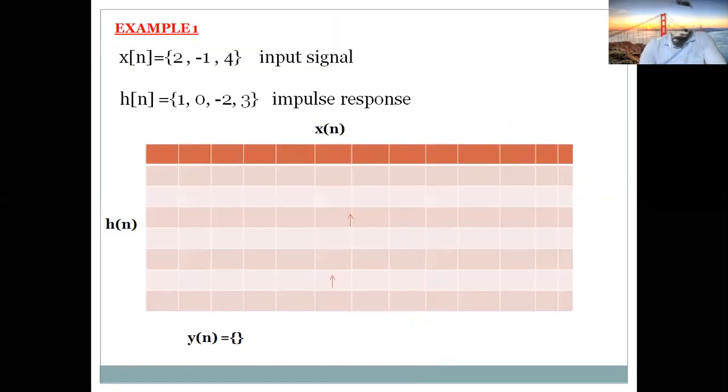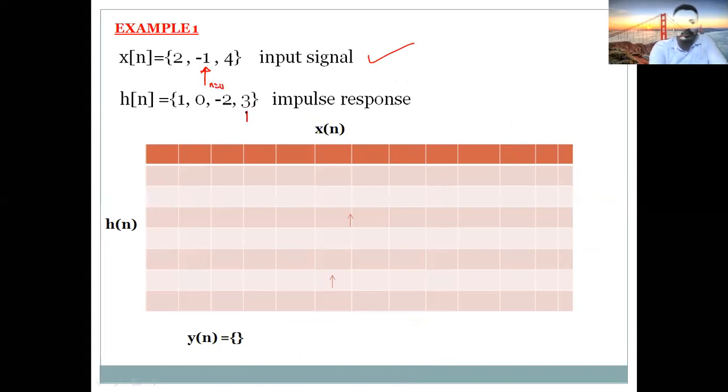So we are discussing the convolution sum method, which is used to calculate or determine the response of a system given. As you can see here, the input signal is given. Here the arrow indicates n is equal to 0, as we have said.